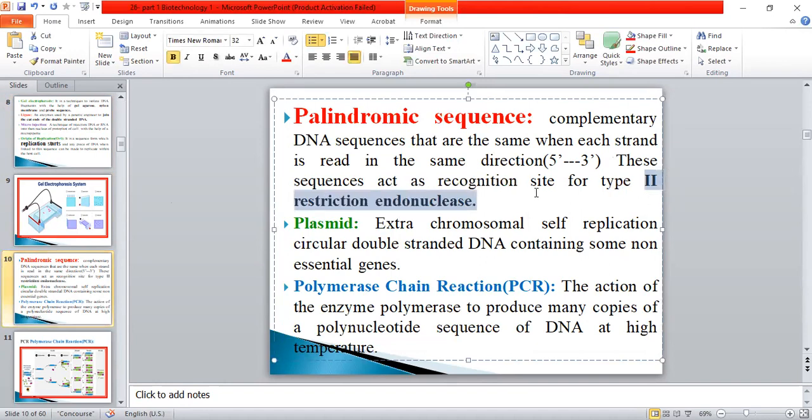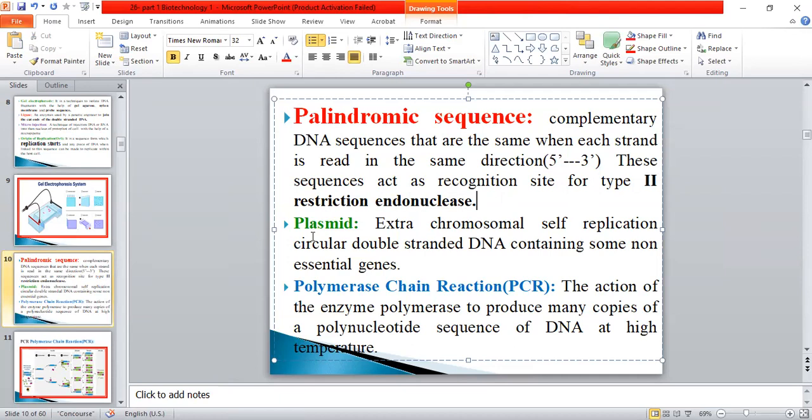So they can find the 5' to 3', 3' to 5' restriction enzyme 1. Once again, 5' to 3' means the restriction enzyme 2 only acts upon it. So this is very, very important.